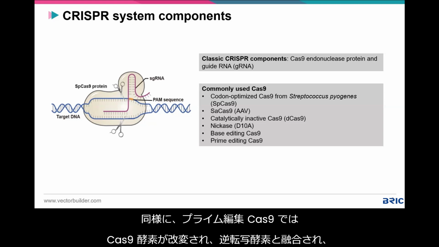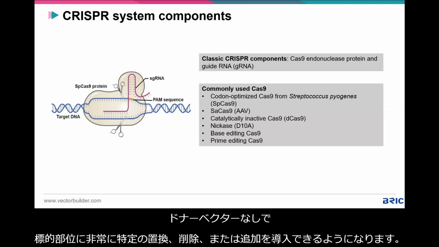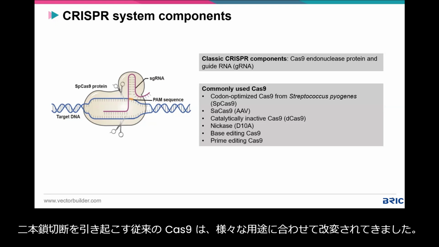Similarly, there is prime editing Cas9, in which the Cas9 enzyme is modified and fused with reverse transcriptase to be able to introduce very, very specific substitutions or deletions or additions at the target site without the donor vector. So Cas9, even though the classical Cas9, as we know, can introduce double-stranded breaks, has been modified for various applications.